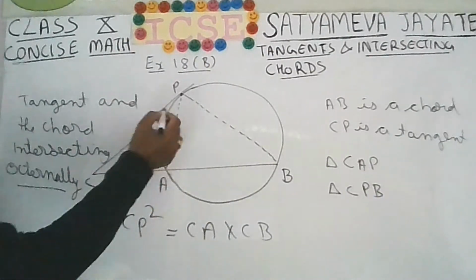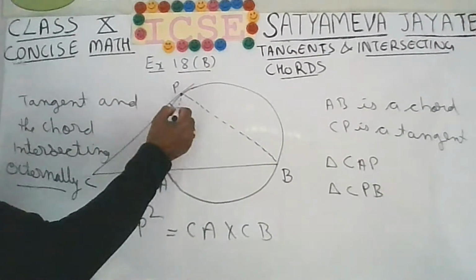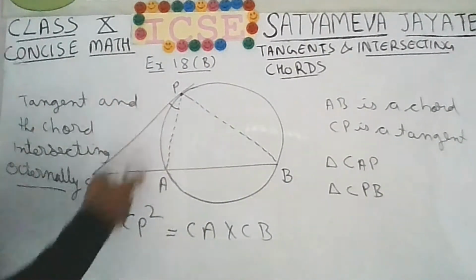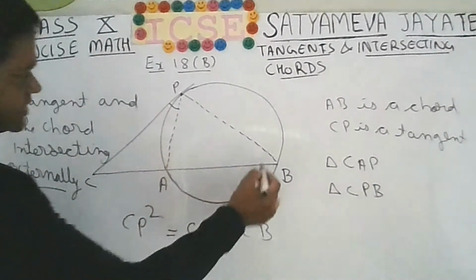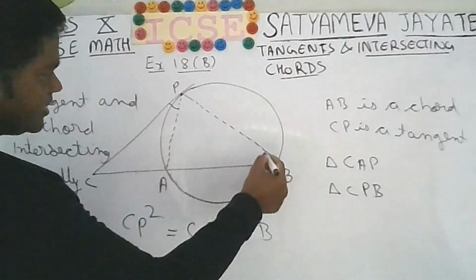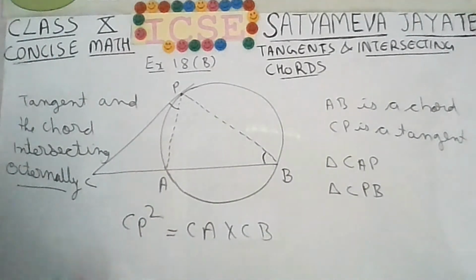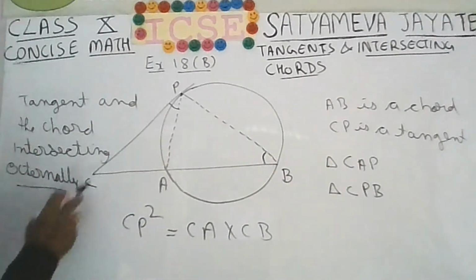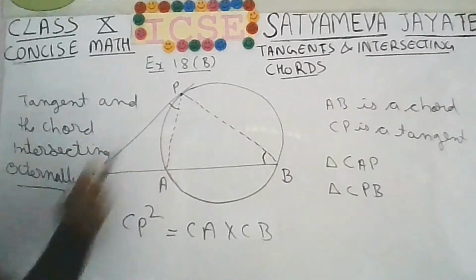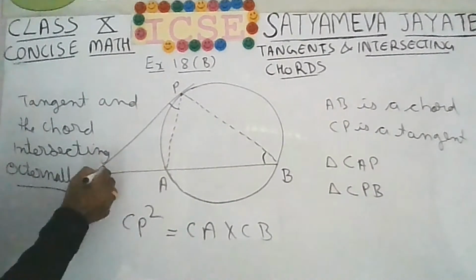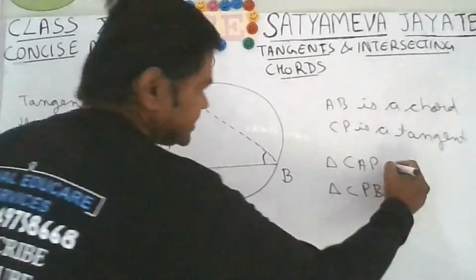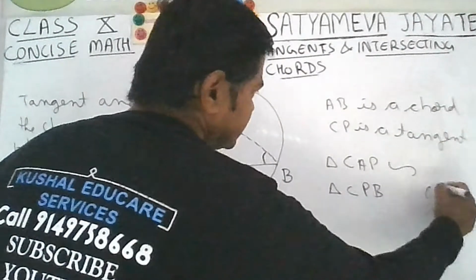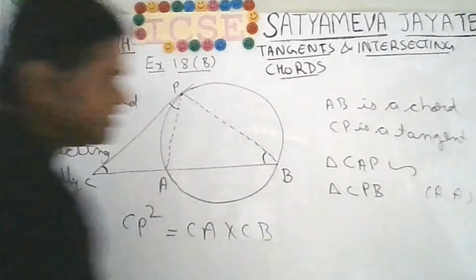So as we have discussed, this angle CPA is the angle between the tangent and a chord, so it will be equal to the angle in the alternate segment. So these 2 angles will be equal. Okay, and you can see that in these 2 triangles, triangle CAP and CPB, this angle is a common angle, so it will also be equal. So that means these 2 triangles will be similar by the AA similarity rule.